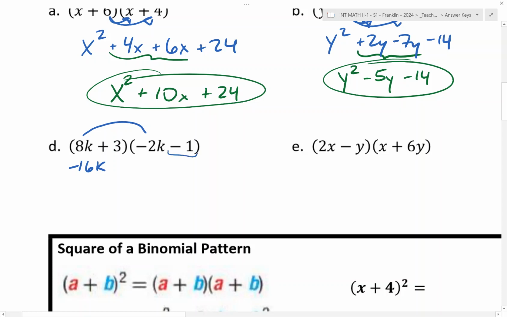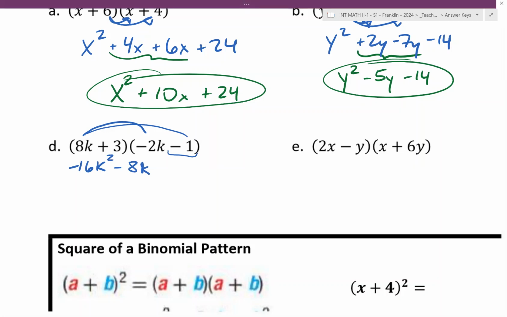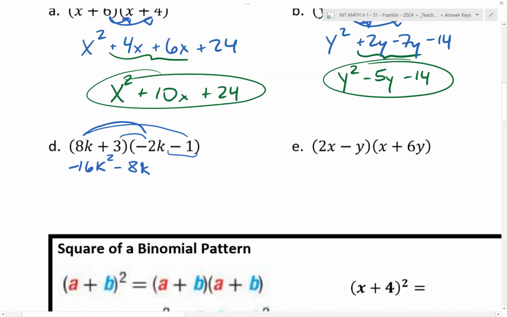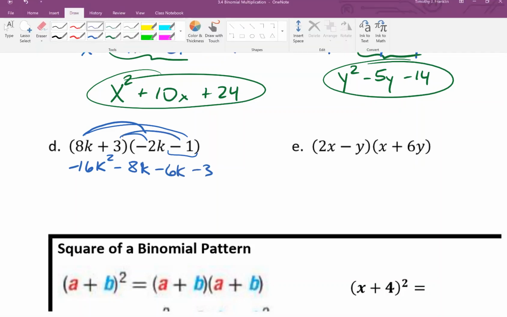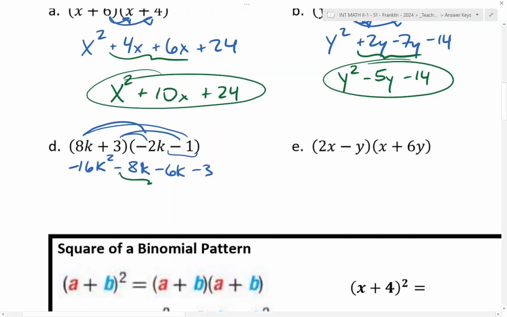This is a negative 1 here, so 8k times negative 1 is negative 8k. Don't forget the squared on that first one, negative 16k squared. Okay, then 3 times negative 2k is negative 6k, and 3 times negative 1 is negative 3. And again, we can combine those middle two terms. So negative 16k squared minus 14k minus 3.